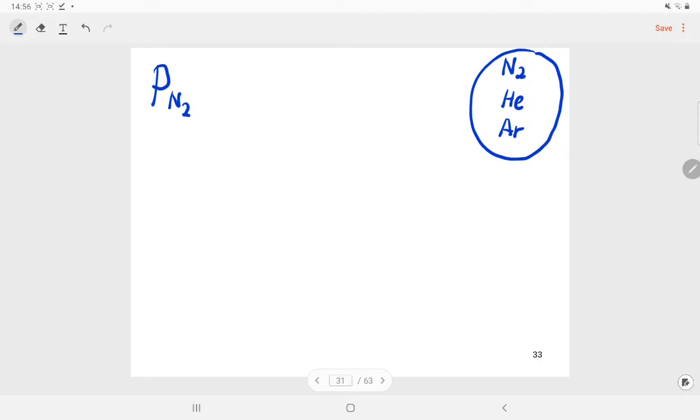Just to let you know, we can actually use a different formula to calculate partial pressure. The simplest one is the ideal gas equation. For example, if I want to calculate the partial pressure of nitrogen in a mixture of nitrogen with helium and argon in a vessel, the partial pressure for nitrogen can be calculated by using the ideal gas equation, which is your first option.